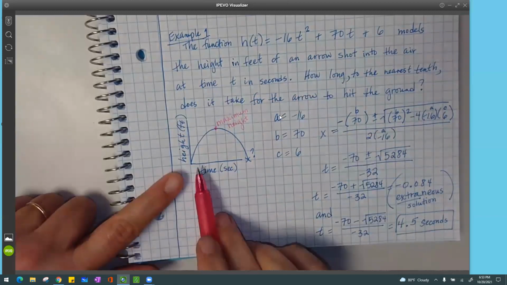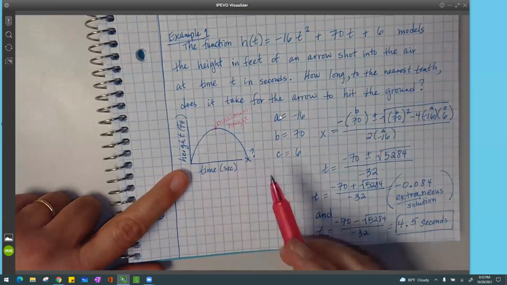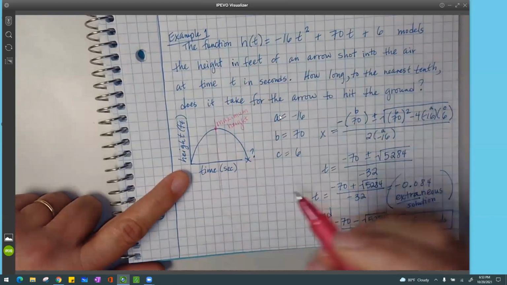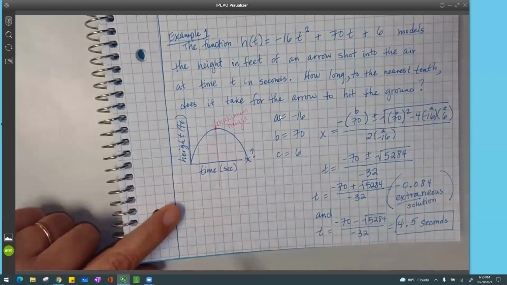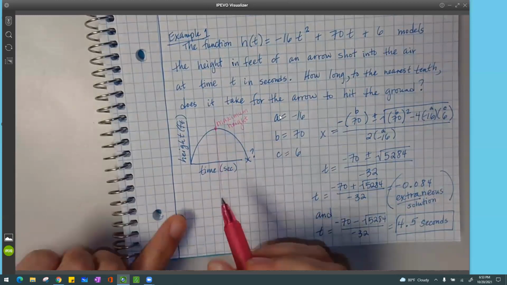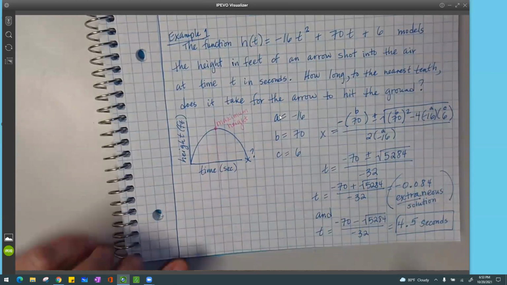Well, this is a symmetrical graph. So if I cut it in half, I'm cutting my time in half also. So to find what the height is, I need to know how long it takes to travel to there.